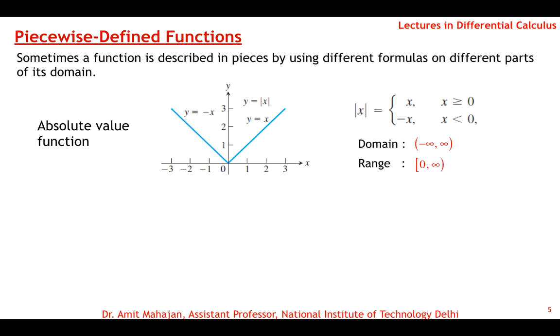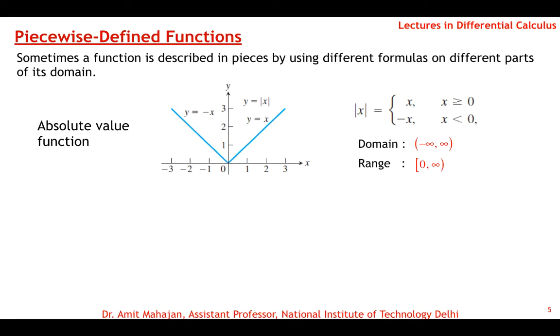The third thing that we are going to discuss here is piecewise defined functions. Sometimes functions may not be defined by a single formula like y is equal to f(x). The f(x) may be divided into pieces to generate the curve.